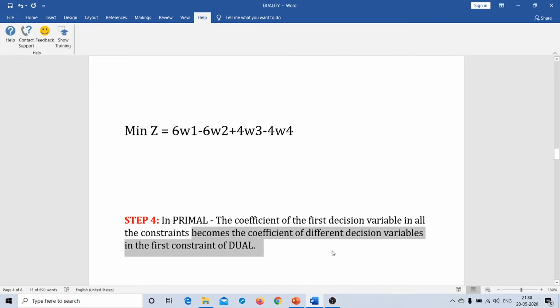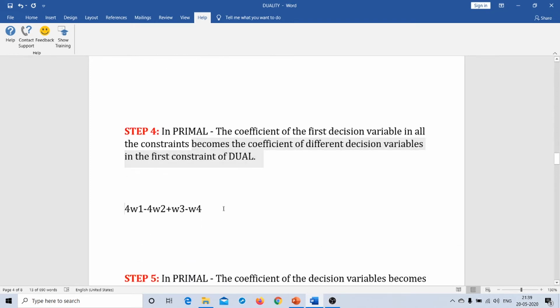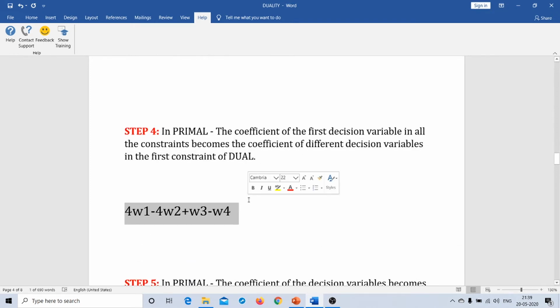So the way we have extracted the coefficients of the first variables of all constraints from primal, they become the coefficients of different decision variables in the first constraint. So it becomes like this: 4w1 minus 4w2 plus w3 minus w4, correct?